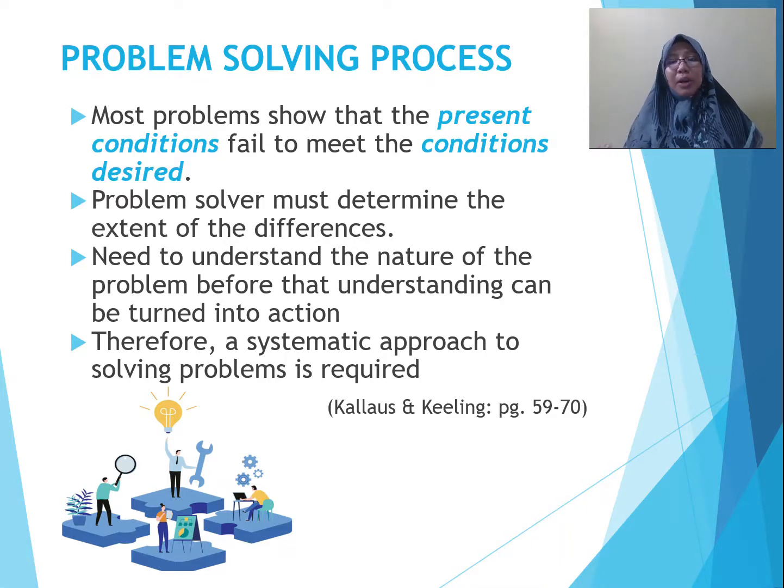Why? Because maybe you woke up late again, or for example, maybe your alarm is not working. Okay, this is what we call the present condition failing to meet the condition desired. Your desired condition is that you attend the class at 8 a.m., and the present condition is that you attend the class at 8:30 a.m.